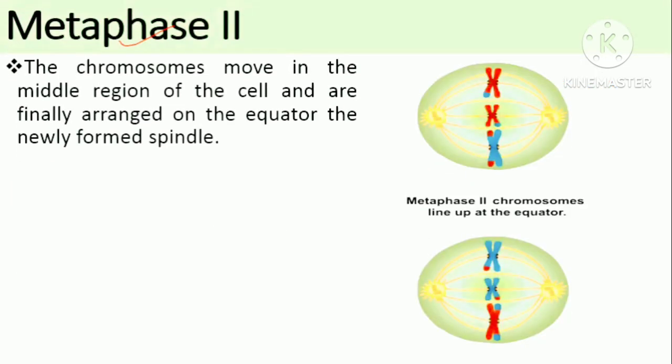Next comes metaphase 2. The chromosomes move in the middle region of the cell and are finally arranged at the equator or metaphase plate of the newly formed spindle. So this we can see here. Initially, the centrioles were in this location, but in meiosis 2, their alignment is at right angle to the first division.